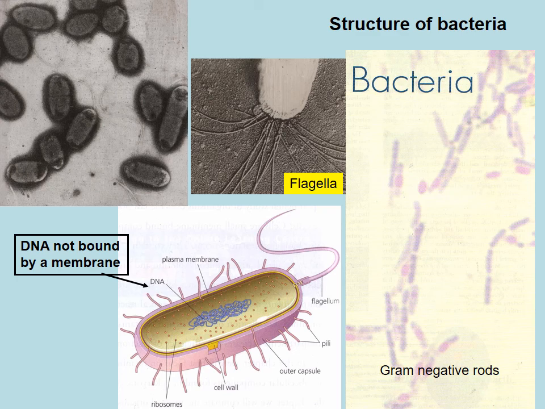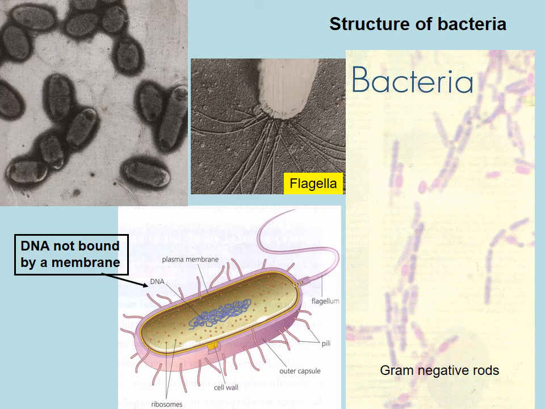There's also several smaller hair-like structures called pili. And then to the inside of the bacterial cell, we can see the DNA coloured blue. And of course, the DNA is not surrounded by a nuclear membrane. And this is the major feature that distinguishes prokaryotic cells, such as bacteria, from eukaryotic cells.